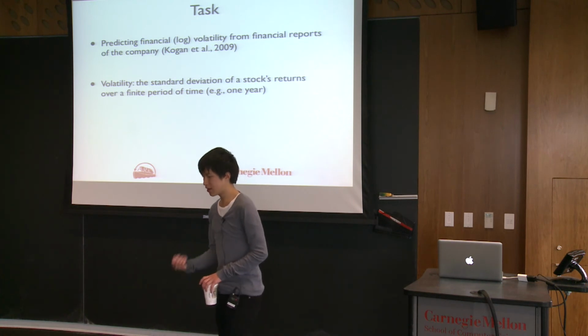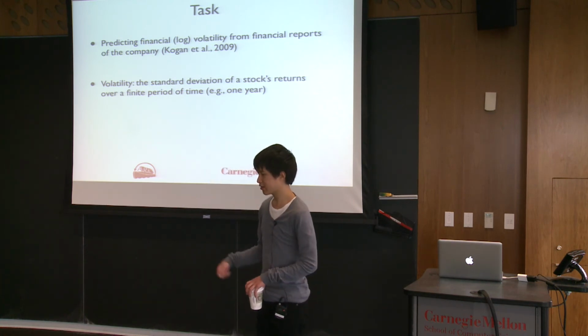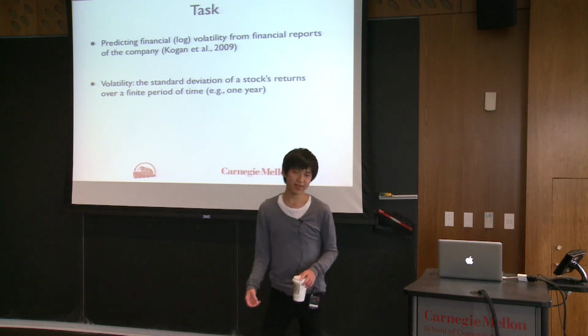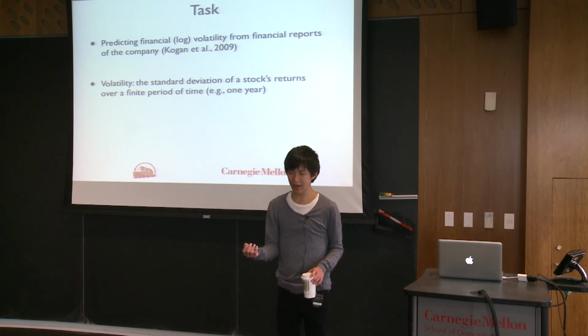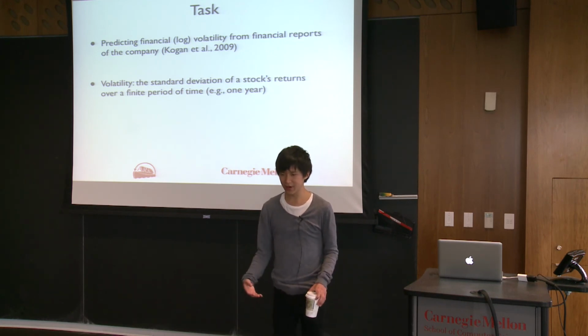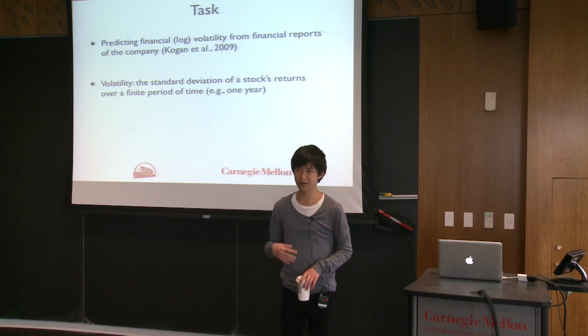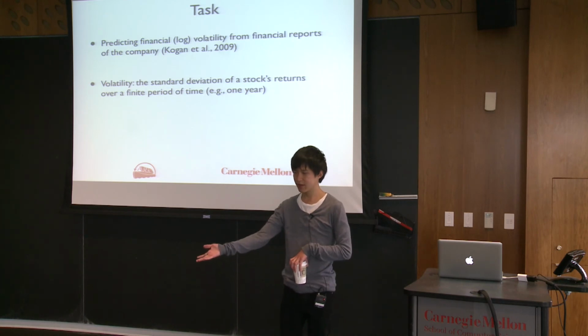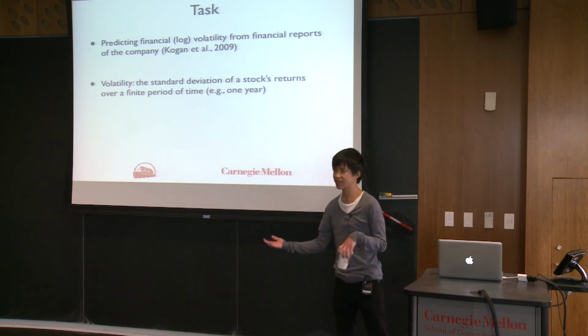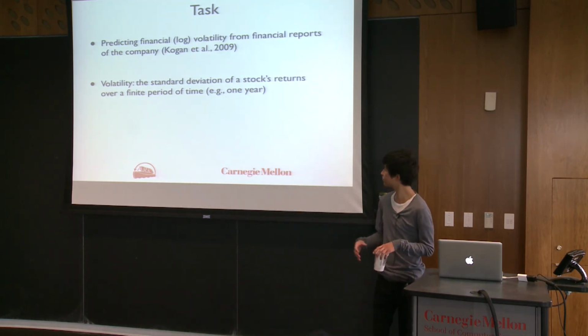And we are going to predict 1 year after the report is published. So basically, every company has to publish a report every year. And when they publish the report, we're trying to predict, based on this report, the volatility of the stock of that company a year after that report is published. So that's the task that we're going to do.